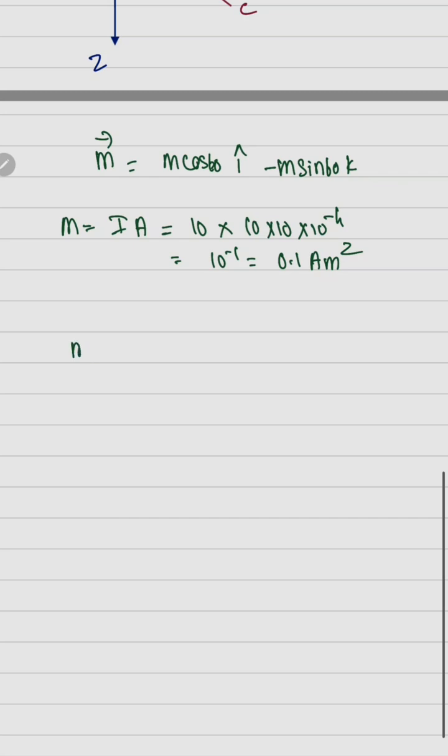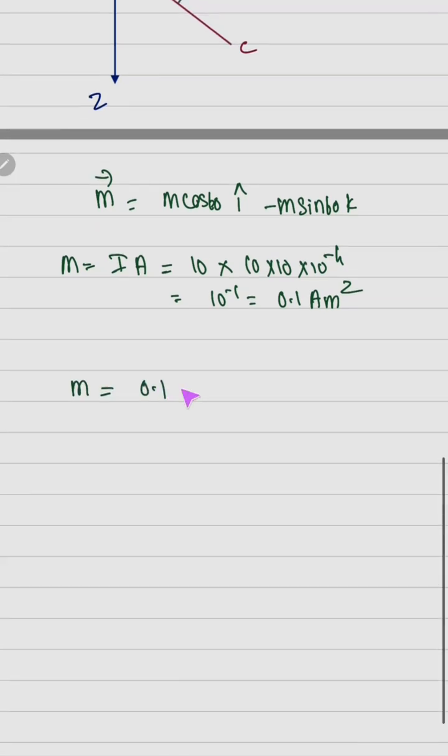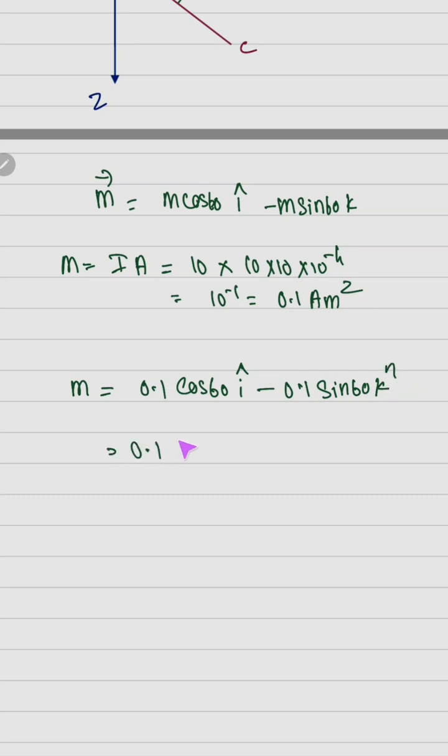So in vector form we can write m equals 0.1 cos 60 i cap minus 0.1 sin 60 k cap. That is 0.1, we know the value of cos 60 is 1 by 2, i cap, minus 0.1, the value of sin 60 is root 3 by 2, k cap.